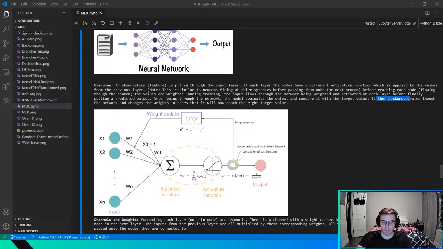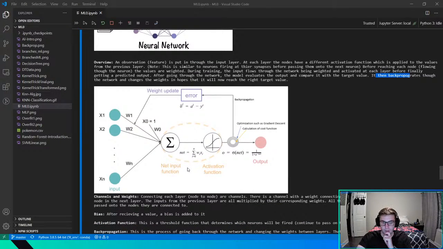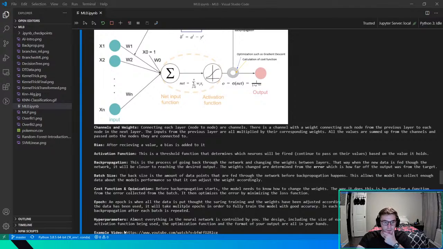Once it gets the answer, if it got it right, cool beans. But if not, it will calculate this error, backpropagate, and update all the weights. It keeps doing this over and over again until it converges to an answer, or until you think the solution is good enough. So any questions? I'll go over some of the terminology.